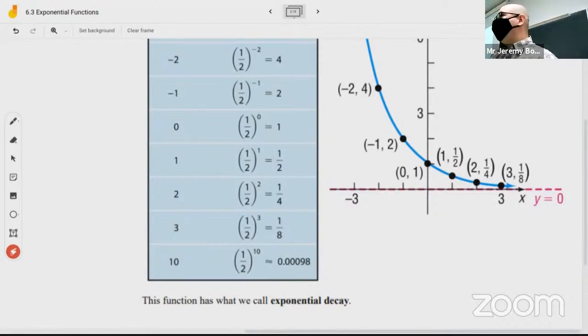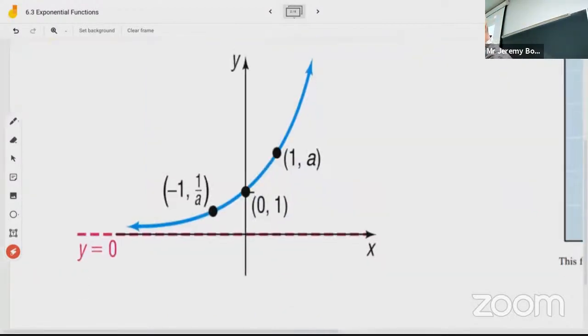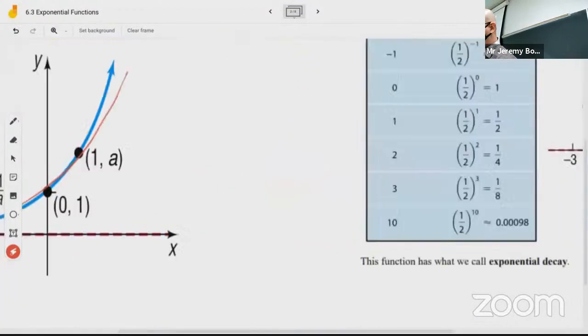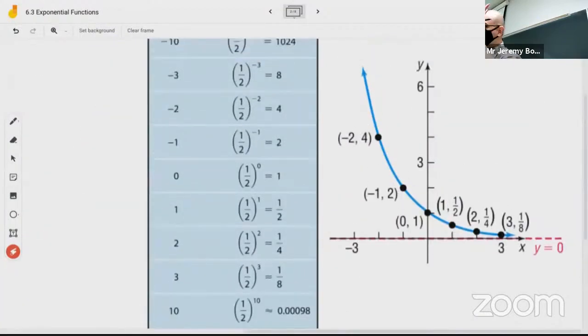Questions on that? You can see that it's almost like the exponential growth graph flipped around, right? You just flip it around. Exponential growth will go like that, but this one is exponentially decaying. That's the one we use for things like body temperature. How long will it take for things to cool?